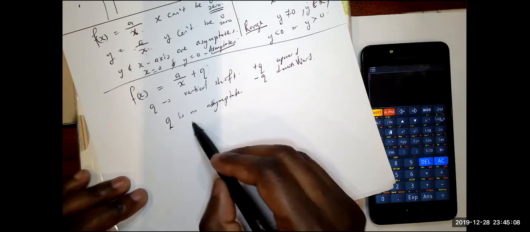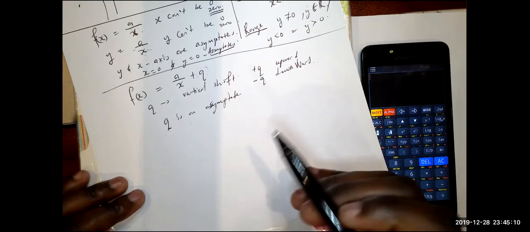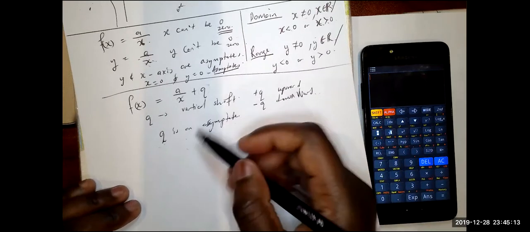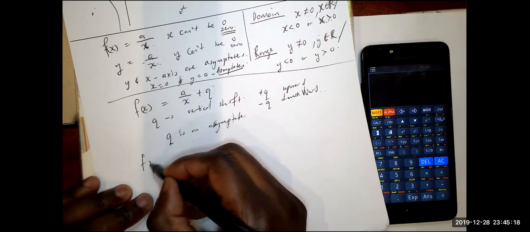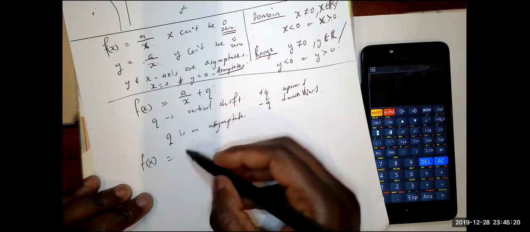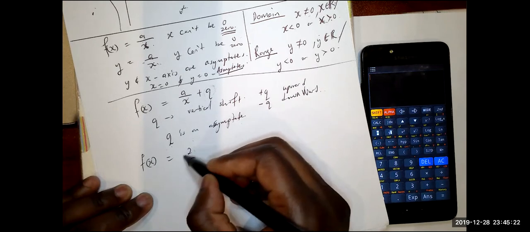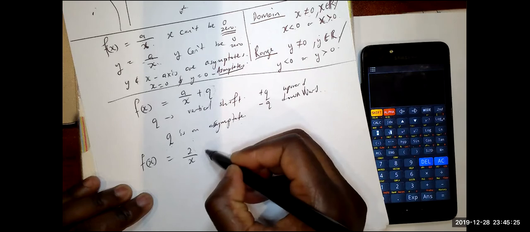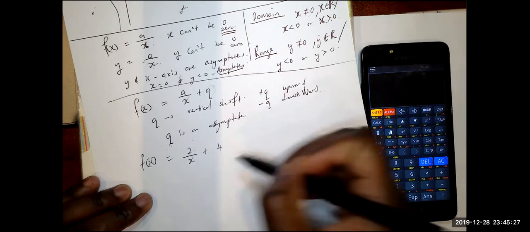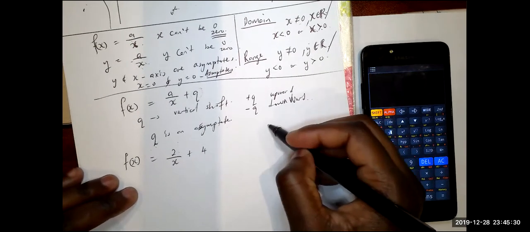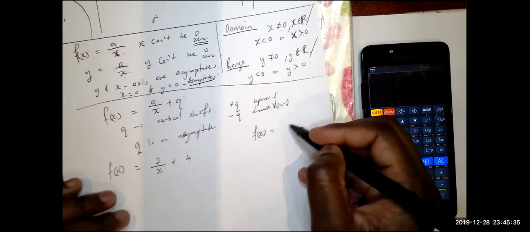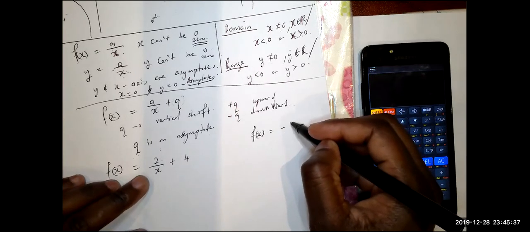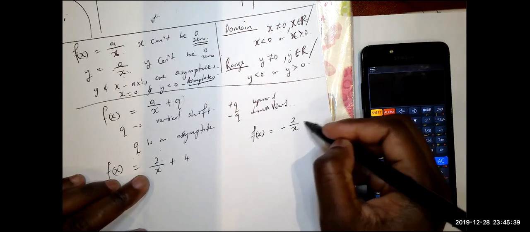Okay, that's what we have there. So q is an asymptote, and it just causes a vertical shift. Let's give an example here. Let's say f of x is equal to 2 over x plus 4, and let's have another one, f of x is equal to negative 2 over x minus 4.